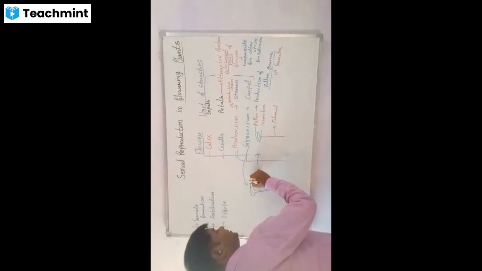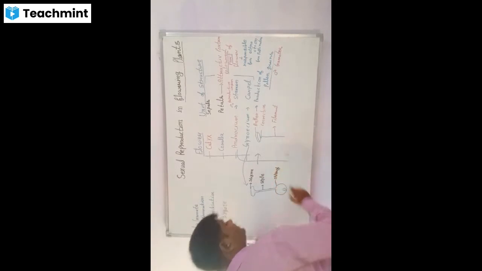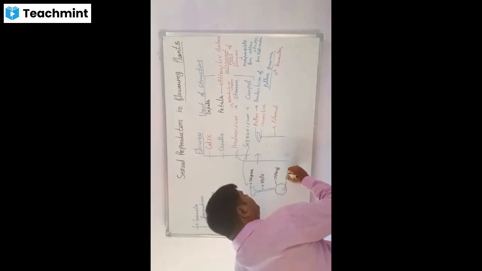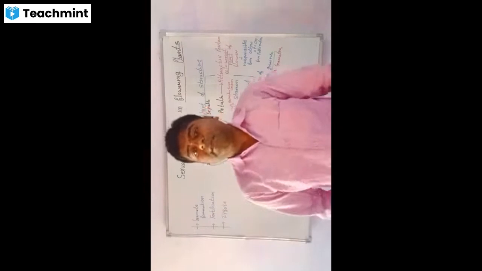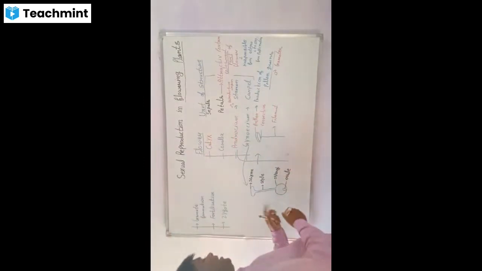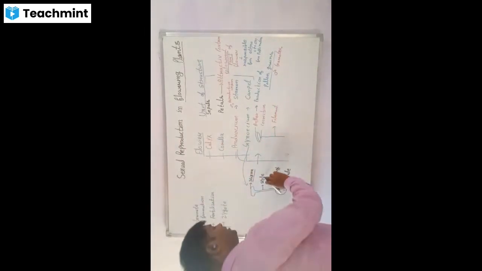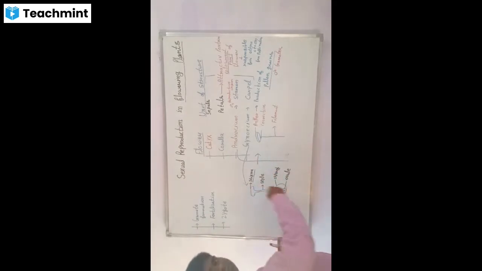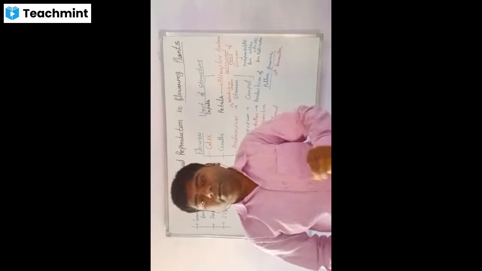This structure is stigma, this is style, this is ovary, and this is ovule. The ovule is the place where the female nucleus resides, and the ovary is the surrounding structure. Stigma is for receiving pollen grains. Pollen grains come to the stigma, then style is a long tube going to the ovary, and the ovule is there, containing the female nucleus.